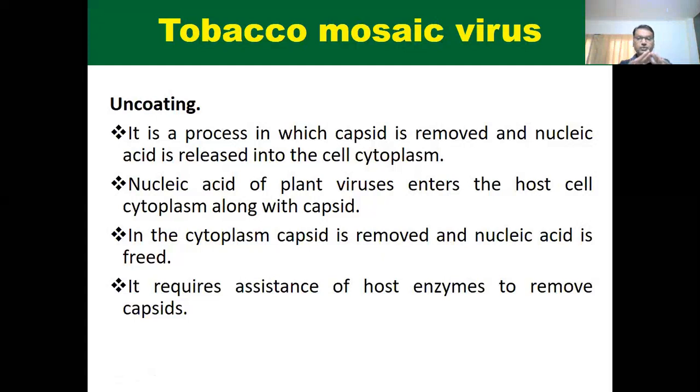The coat is removed and now the nucleic acid is free in the cytoplasm. The nucleic acid of plant virus enters the host cell cytoplasm along with the capsid, and then it becomes free. In the cytoplasm, the capsid is removed and nucleic acid is free.